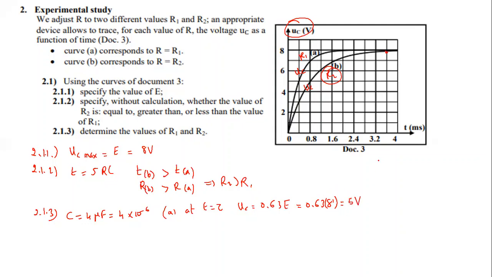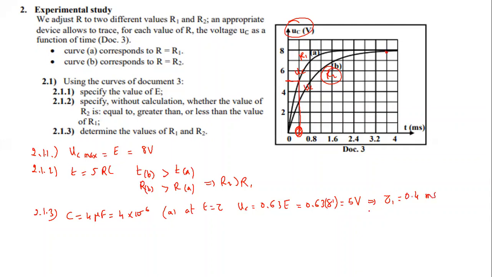And then now I look at the figure. This is the 5 volts. For graph A, I will notice that this is the value of tau, so tau equals 0.4 millisecond. So this implies I have tau 1 equal to 0.4 millisecond.